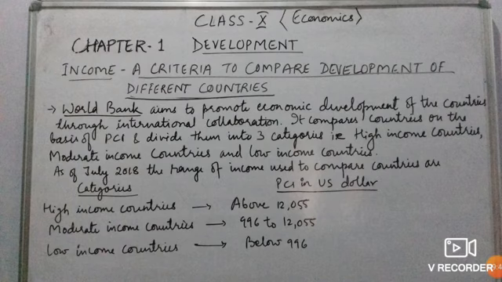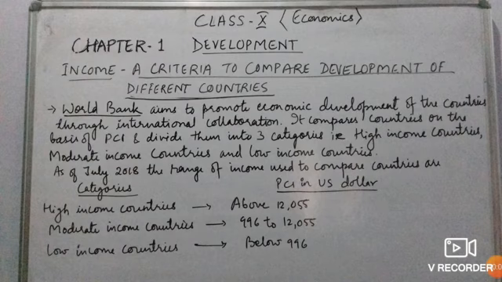So the main aim of World Bank is the economic development of countries, and the sole criterion taken by the World Bank to judge development is per capita income, and it releases a report every year.